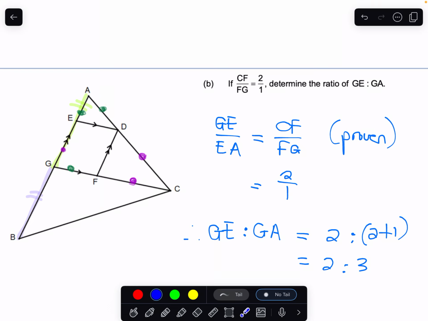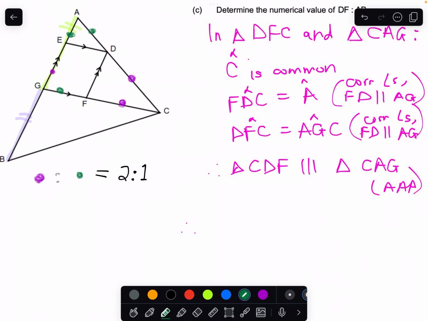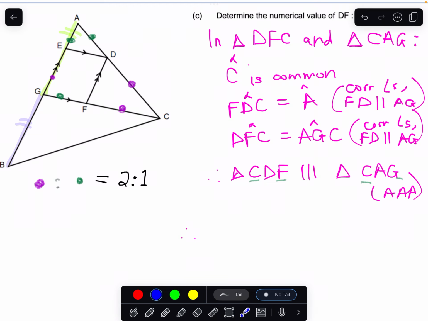Either this or, yeah, it's fine. So let's use this because it's given to us. I'll try to get a ratio that includes CF and CG, and the one that I want to be included as well is DF and GA.